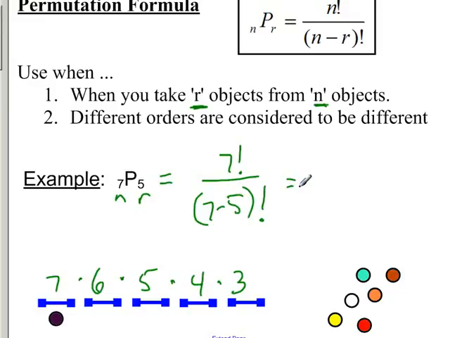So 7 factorial divided by 7 minus 5 is 2, so this is going to be 2 factorial on the bottom. Whatever this answer is, and I'm going to show you in the next video how to do that on a calculator, it will be the same answer as if I did 7 times 6 times 5 times 4 times 3.